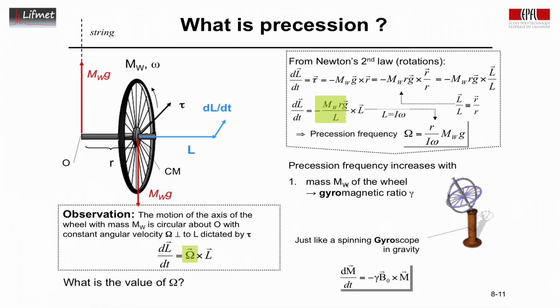This plays the same role as the gyromagnetic ratio, and hence, because the motion is similar to that of a gyroscope, the gamma is called the gyromagnetic ratio. And then we have also the gravitational pull. If we have more gravitational pull, our wheel turns faster. So the gravitational pull takes the role of the external magnetic field.